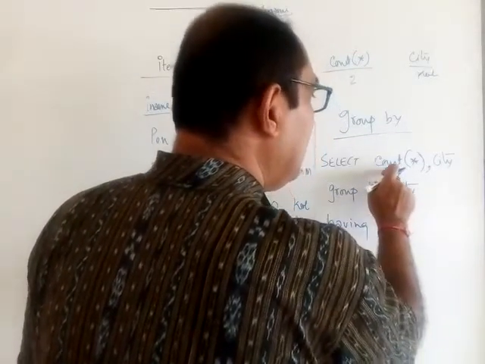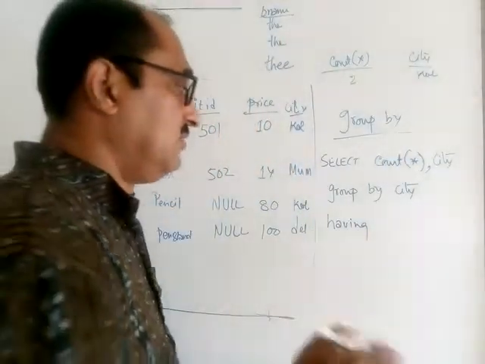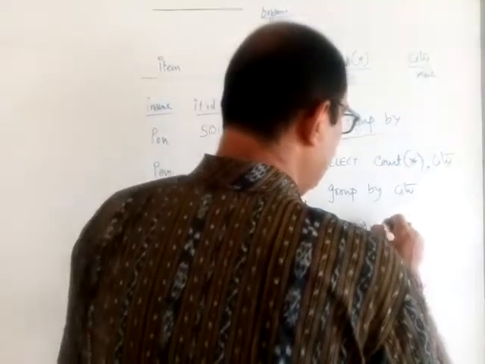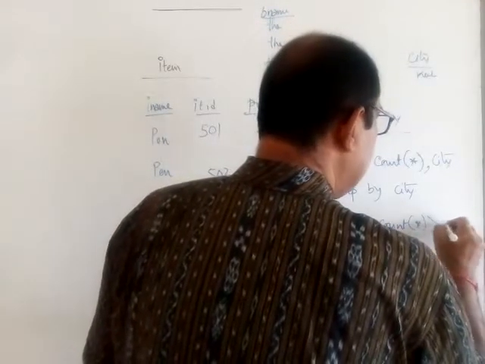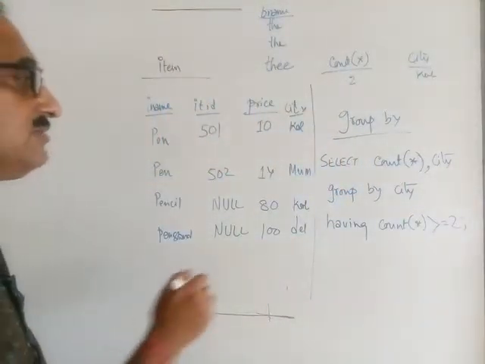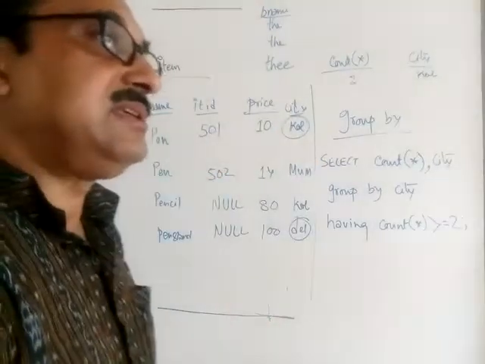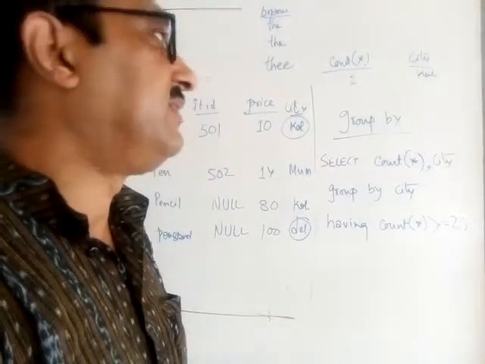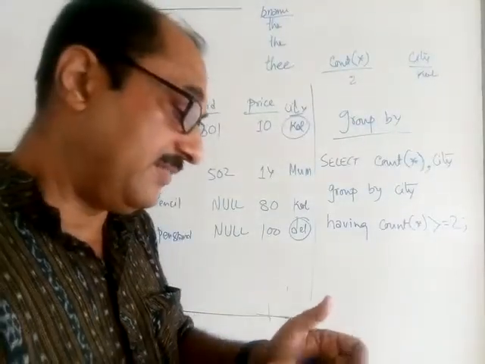I want to see the city and the count if the count is 2 or more. So I will write having count star greater than equal to 2. That means only if the count is more than equal to 2 it will show. Now say if Kolkata and Delhi, in these two cases we happen to see it appears twice or more than twice. So only those two cities will come, other cities will not appear.